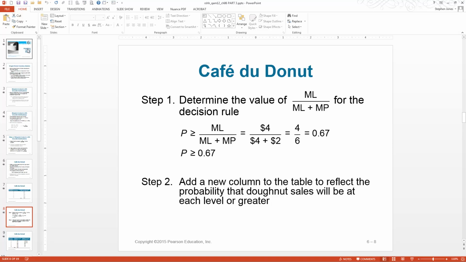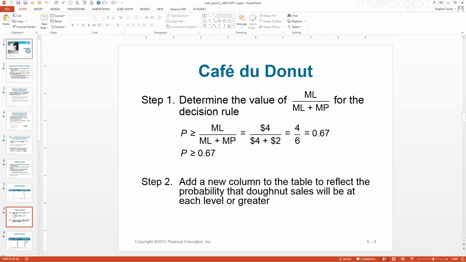So we're going to determine this value of the equation, and you do that with a $4 cost of the carton, because remember, if you lose it, the marginal loss on this is a total carton loss. And then you divide that by the $4 for a total loss plus the marginal profit, which is $2.